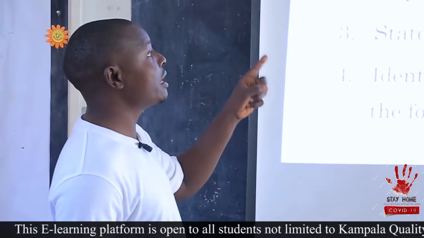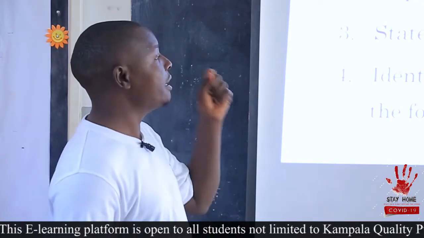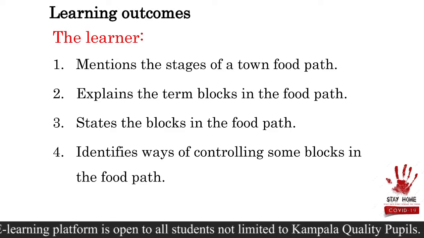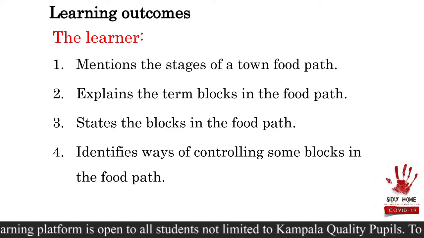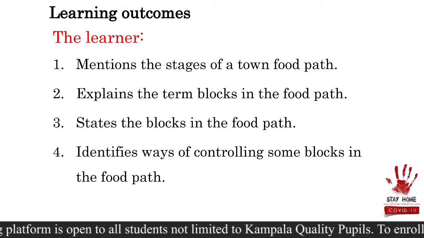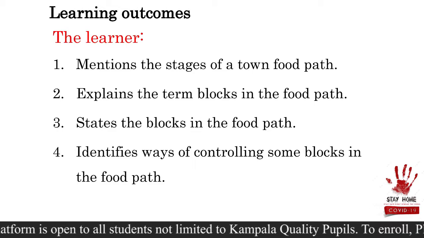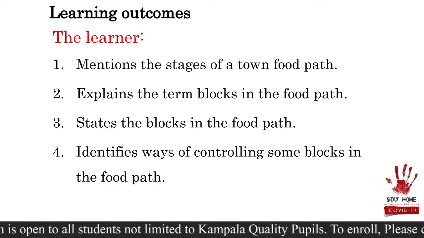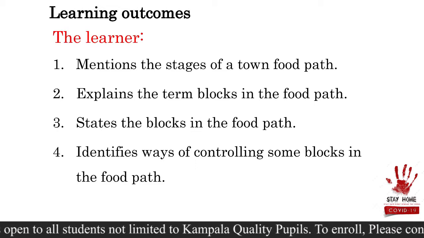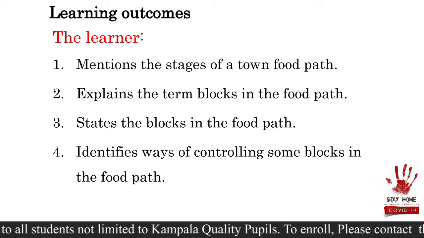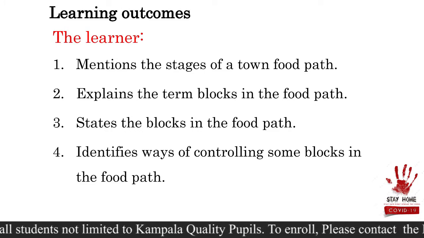Then here we shall look at the stages. Another thing that I expect from you is you will be able to explain the term blocks in the food path. Two, you will state the blocks in the food path. Another one, you will identify the ways of controlling some blocks in the food path.